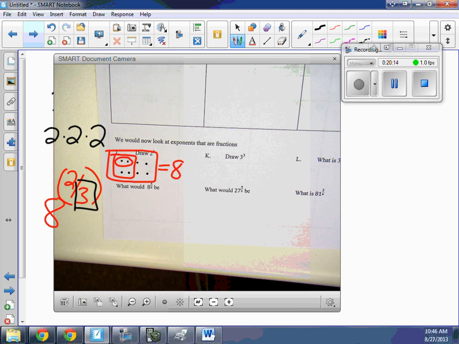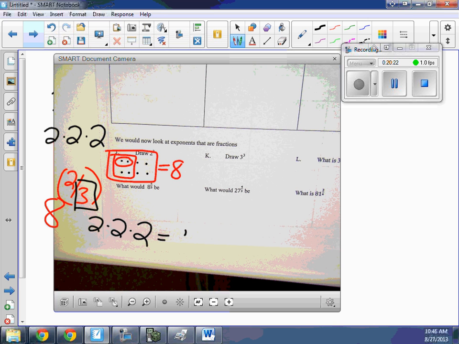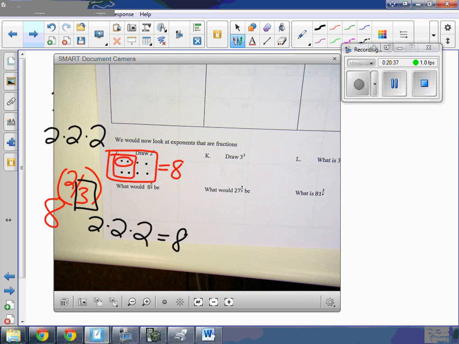Is there a number times itself that is 8? 2. 2 times 2 times 2 equals 8. How many of those 2's am I going to keep? 2 of the 3. The bottom number tells me how many to create, and the top number tells me how many to keep.